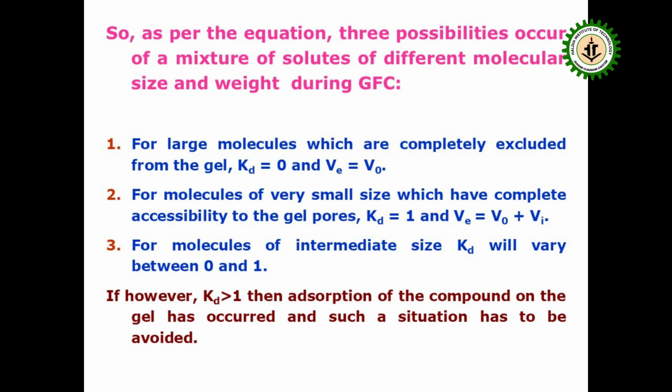That means their elution volume will be V0. For molecules of very small size which have completely accessible gel pores, that means they will access all the gel pores, all the gel beads, all the internal phase of the gel filtration media, Kd will ideally be 1, and then V is equal to V0 plus Vi.